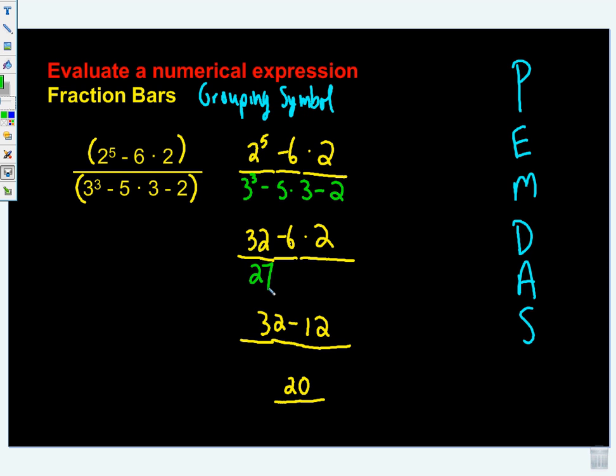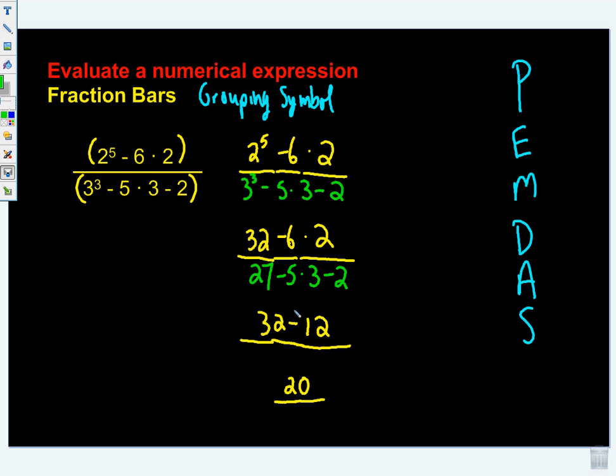The rest of the expression is minus 5 times 3 minus 2. So looking over here at my order of operations, the first thing I want to do, not subtraction, but multiplication. So I want to evaluate that 5 times 3, which is in fact 15.